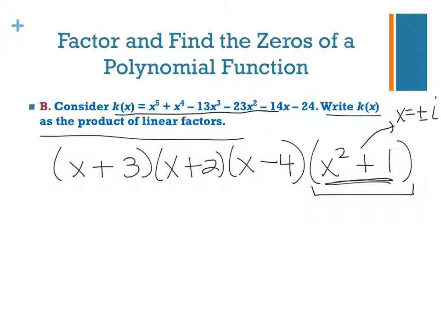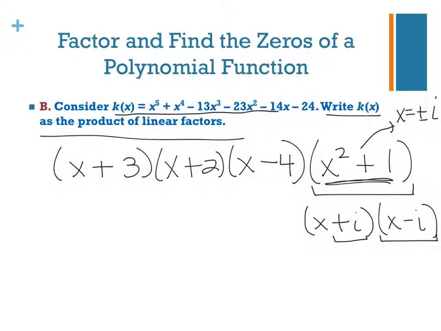So this factors into x plus i and x minus i. We take x minus a negative i, which gives x plus i, and x minus a positive i, which gives x minus i.